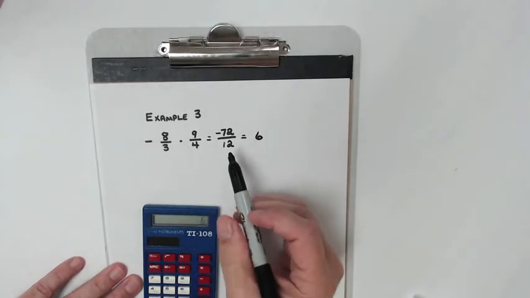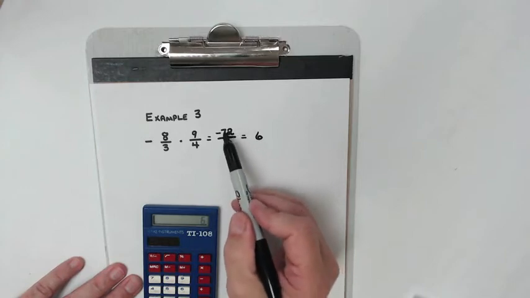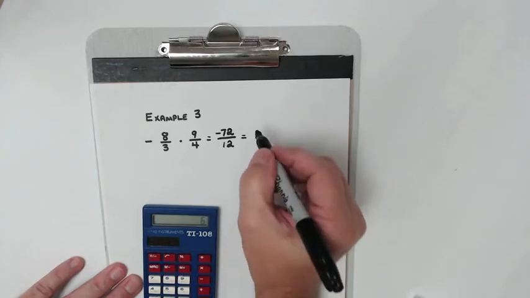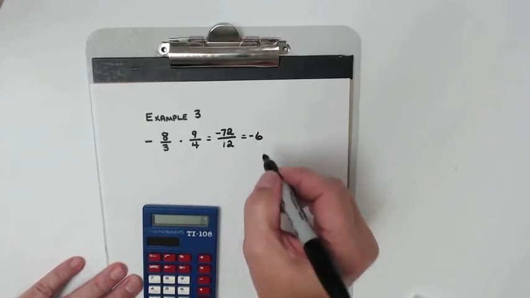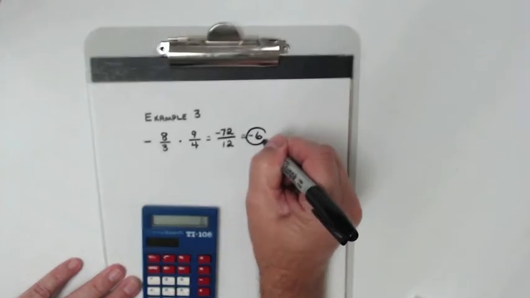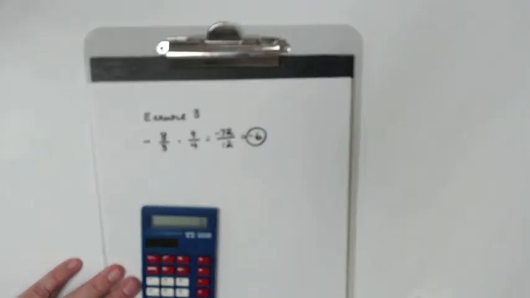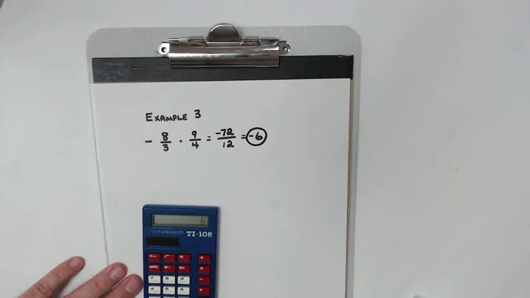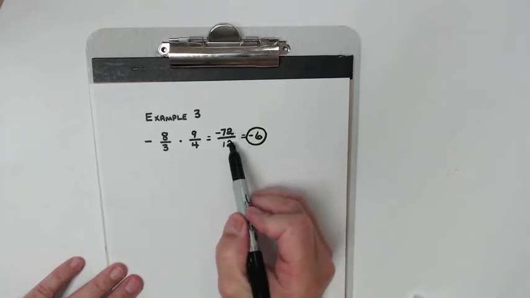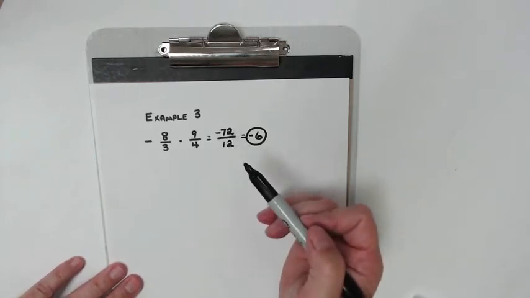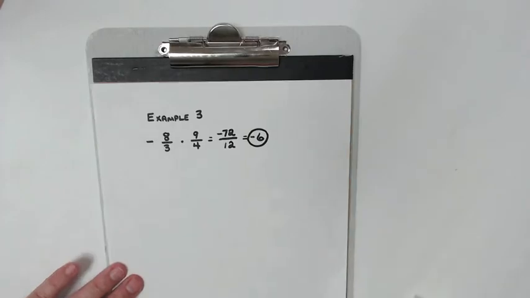Then I need to remember my rules for dividing. If the signs are different, my answer is negative. -6 is what I get when I multiply -8/3 times 9/4. Always check and see if those numbers can be divided before you try to actually simplify the fraction.